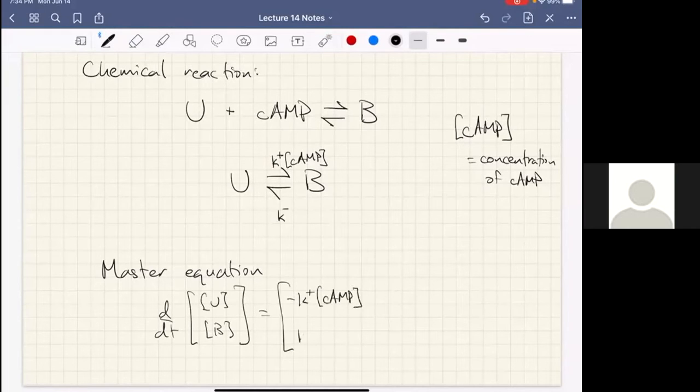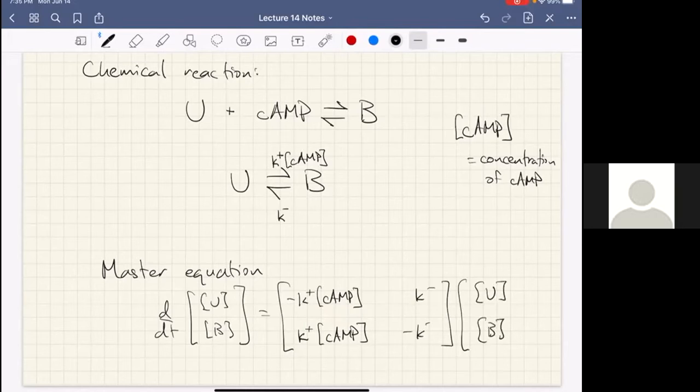And again, the columns sum to 0. So here I have from U to B, and then from B to U, I have K minus. Multiply that on the right by those same concentrations.